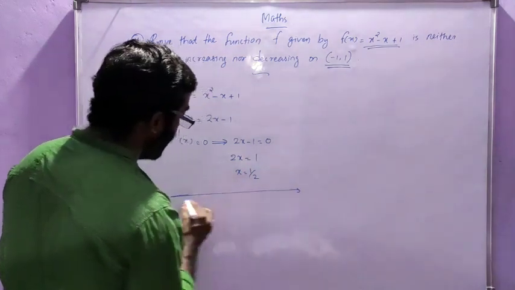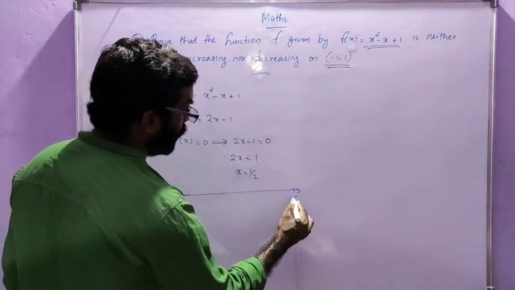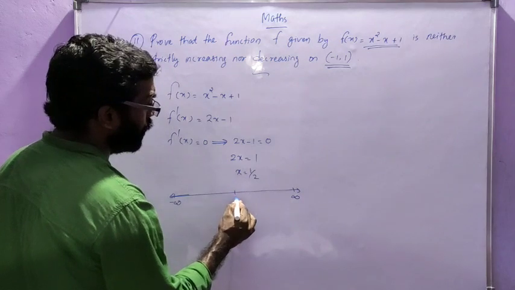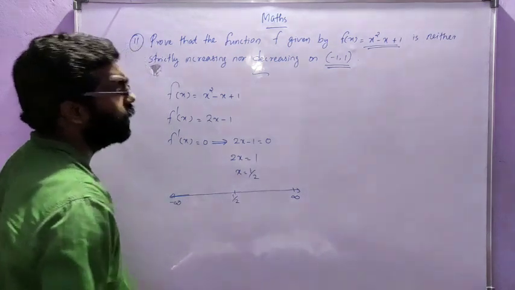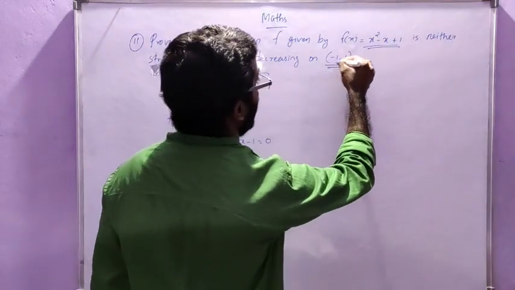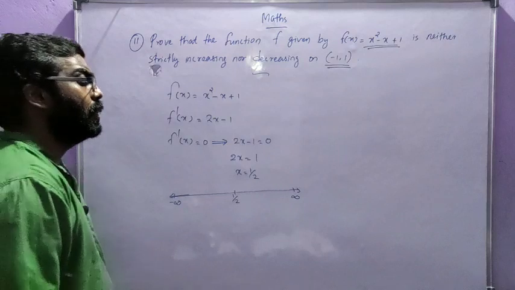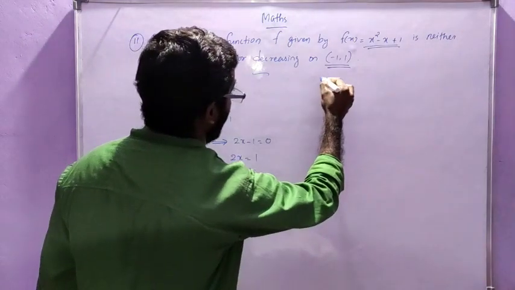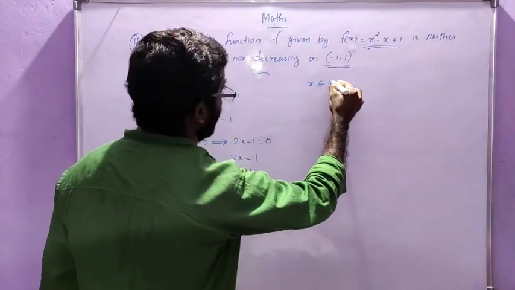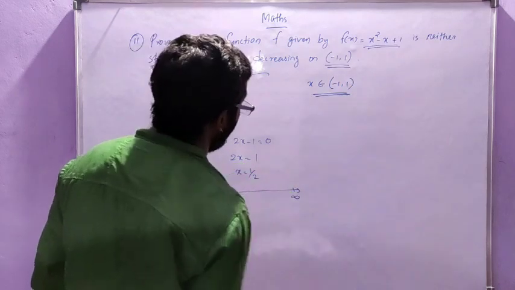Now we can draw a number line as we have discussed in the last class, minus infinity, infinity. Here we can mark 1 by 2. Okay, but here the domain is open interval minus 1 comma 1. So we have to take the values of x which belongs to open interval minus 1 comma 1 only.